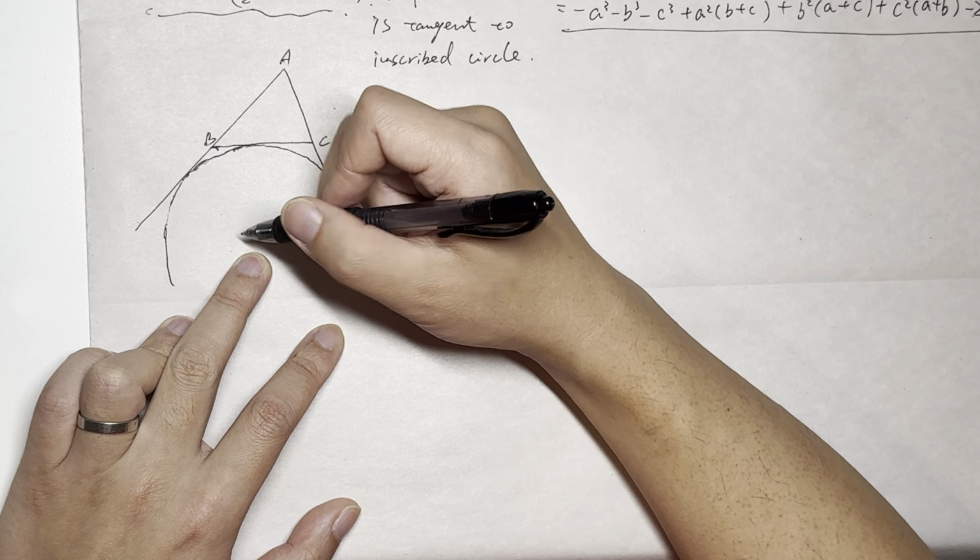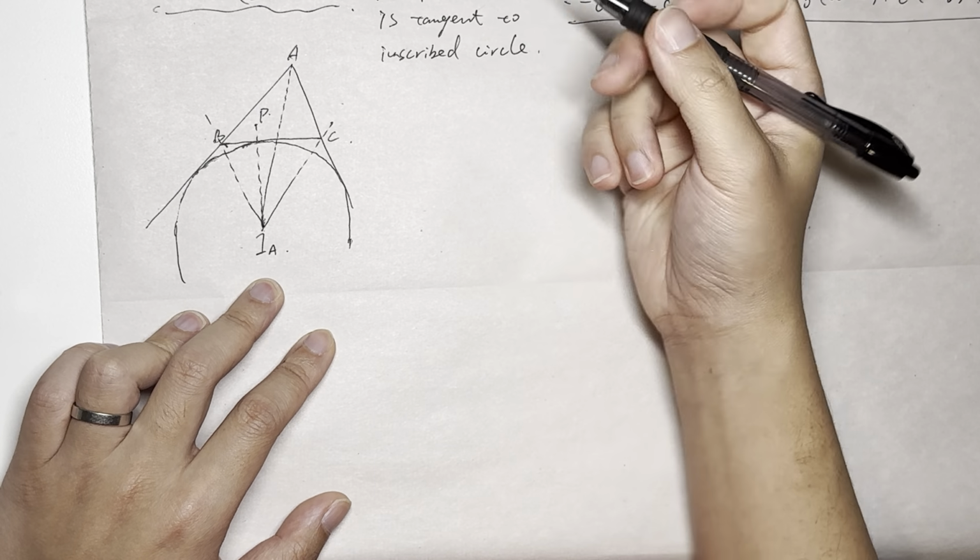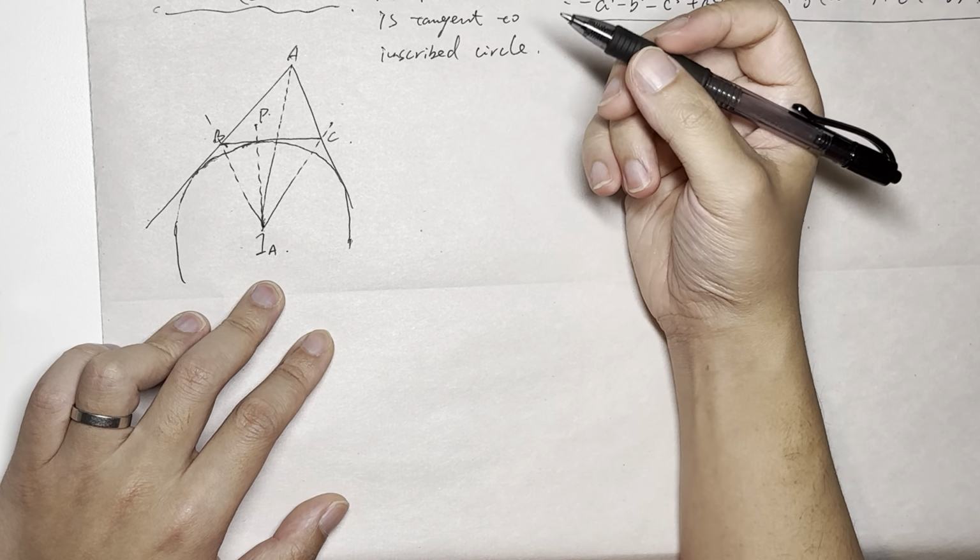So the question is, can we find another form of equation, that on the plane we find any arbitrary point P, right? Can we just find PIA squared as what we found for PI squared as well, right? That's the question. So assume that AIA crosses BC at D, right?